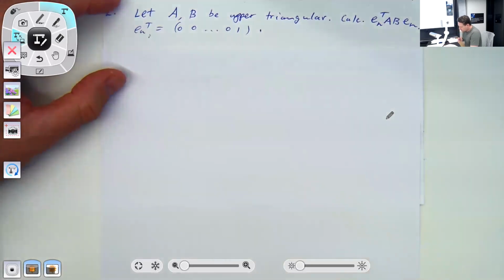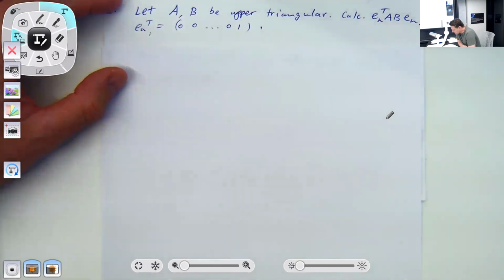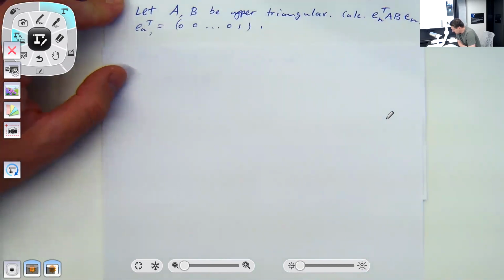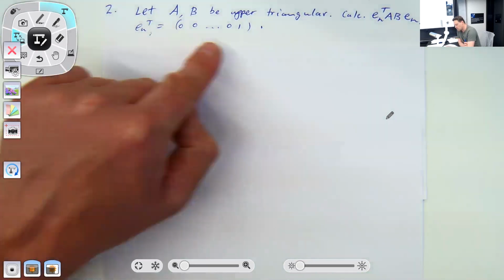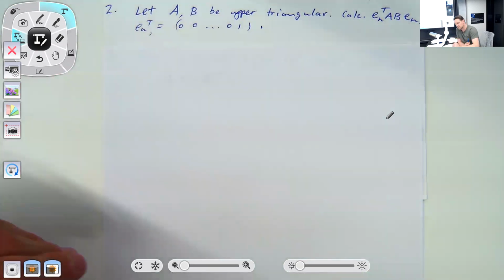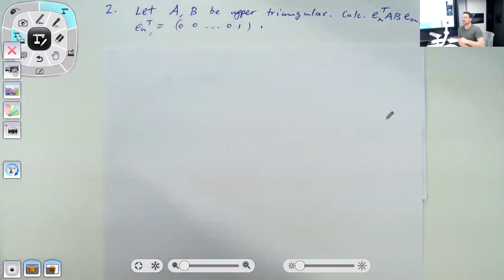Okay, let A and B be upper triangular. Calculate e_n transpose AB times e_n, where e_n transpose is the row containing zeros until you have a 1 in the nth place. Okay, so I'm going to do too many calculations here just to give you a chance to think.